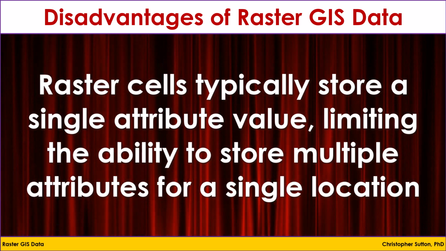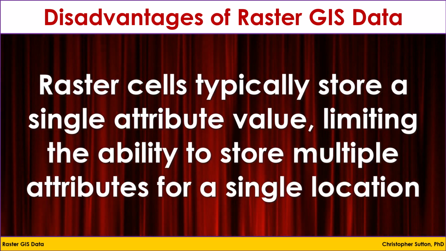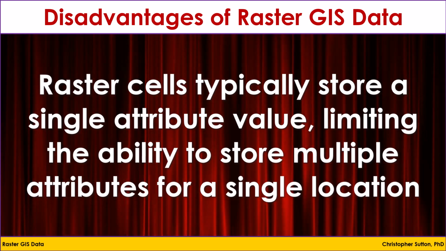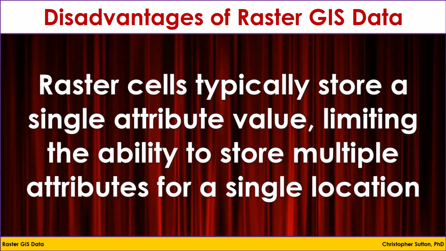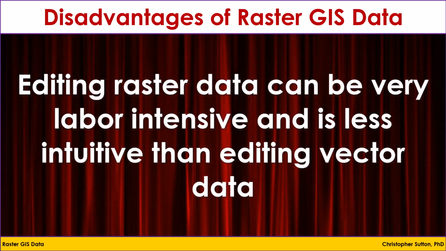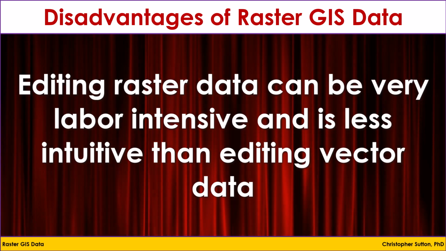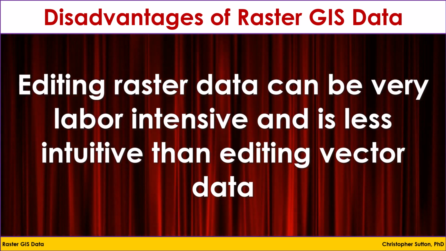Unlike vector data, raster cells typically store a single attribute value, limiting the ability to store multiple attributes for a single location. Finally, editing raster data, modifying individual cells, can be very labor-intensive and is less intuitive than editing vector data.